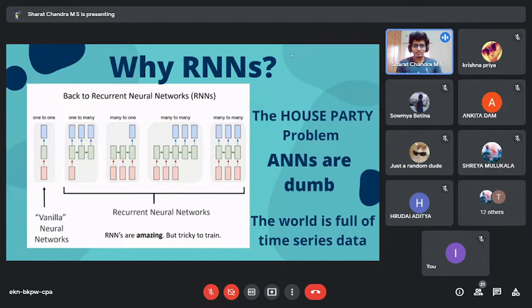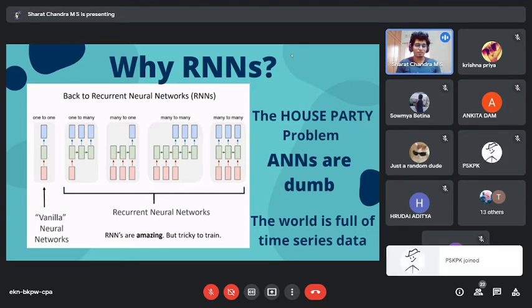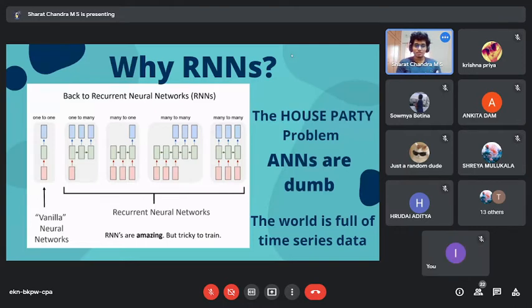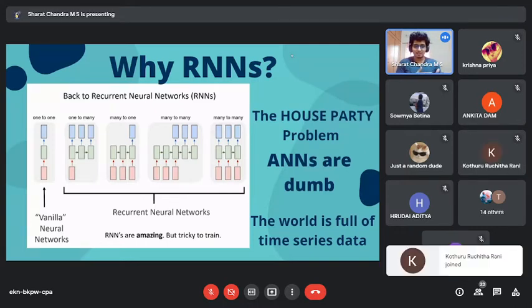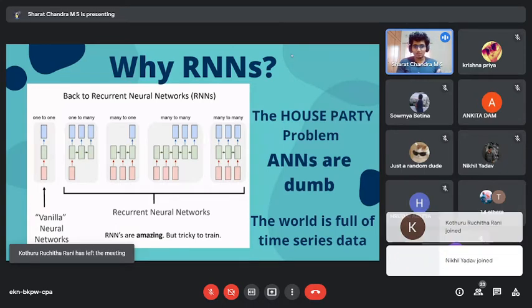But the problem with this is it is very limited and restricted. It is a one-to-one connection, a one-to-one function as such, because you can't really go out of rules in a normal neural network. For example, you can probably predict what's there in a picture, but to predict what's there in a video, you have to manually give it every frame of the video.